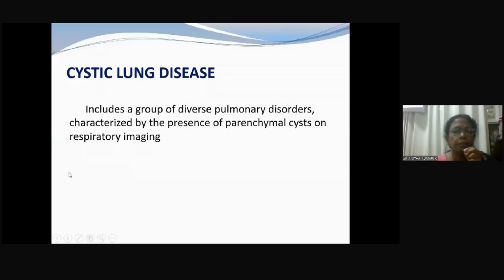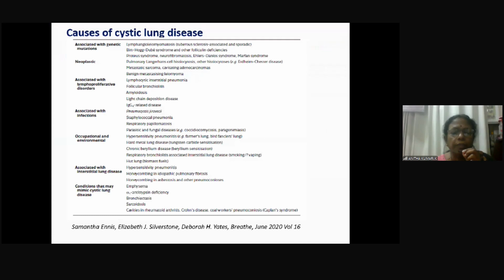The cystic lung diseases include a group of diverse pulmonary disorders, characterized by the presence of parenchymal cysts on respiratory imaging. There is no universally accepted classification of diffuse cystic lung disease, and this classification that came out in 2020 was based on the causes of cystic lung disease.